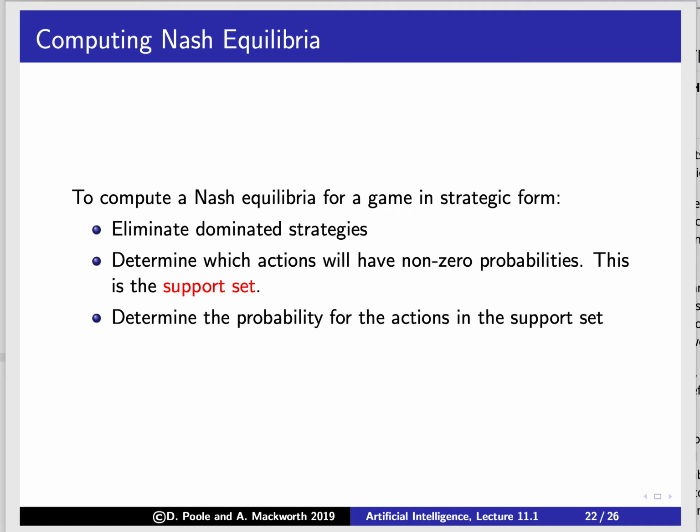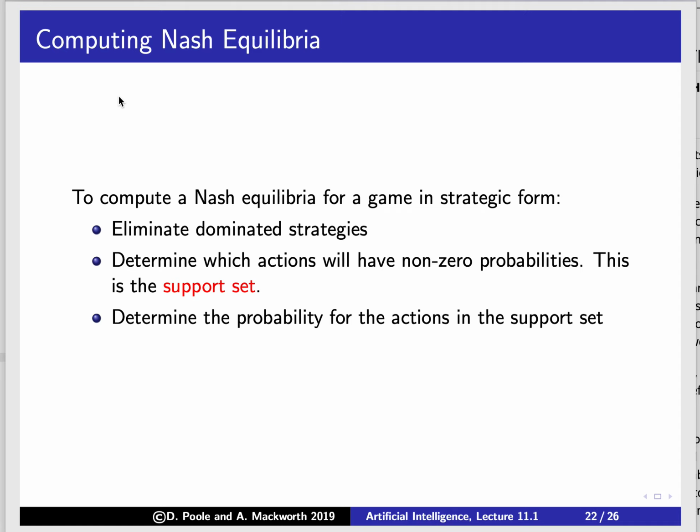All right, so now let's look at some computations. To compute a Nash equilibrium for a game in strategic form, we're going to eliminate dominated strategies. Those strategies that are dominated by other strategies we can remove, so the agent's never going to do them. And it could be the case that they're dominated by a randomized strategy. Then we're going to determine which actions have non-zero probabilities.